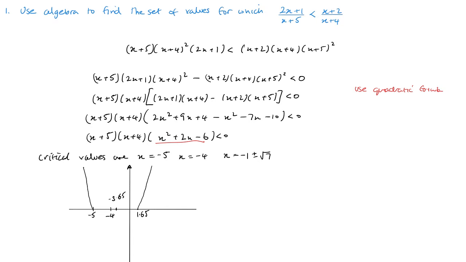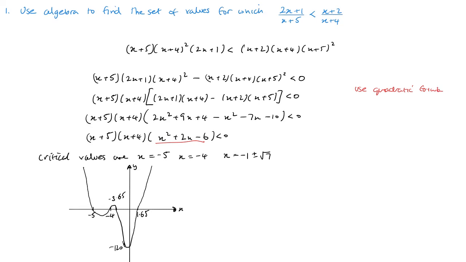So it goes down, up, down, somewhere down there, and then back up. You can work out this bottom value here. 5 times 4 times minus 6 is minus 120. So it crosses down there.